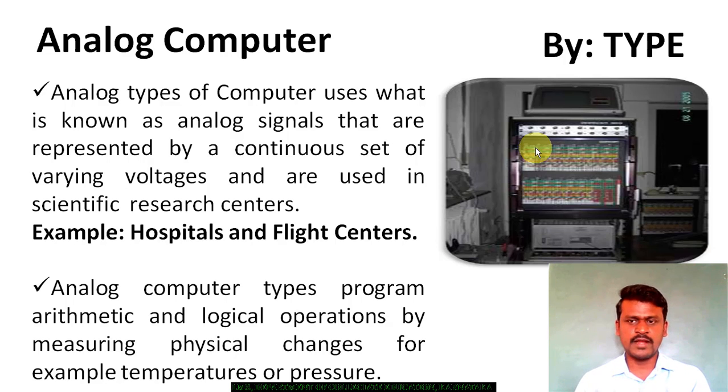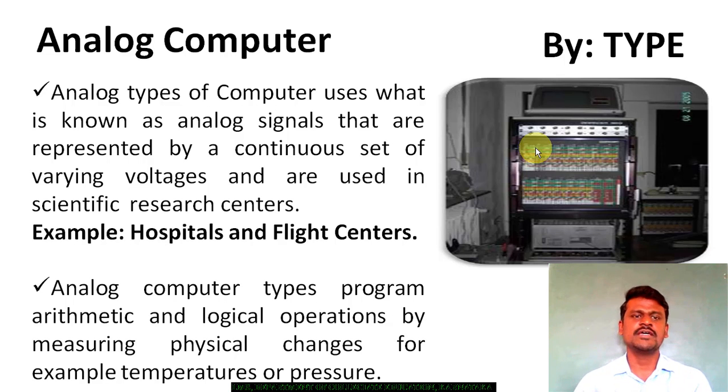You can calculate the pressure between two matters or two molecules using analog computers, or you can also get the temperature of the environment using the analog computer with analog signs. You can see the analog sign, right? That analog sign depicts the temperature of the environment as well as the pressure, right? So for this purpose analog computers are used.